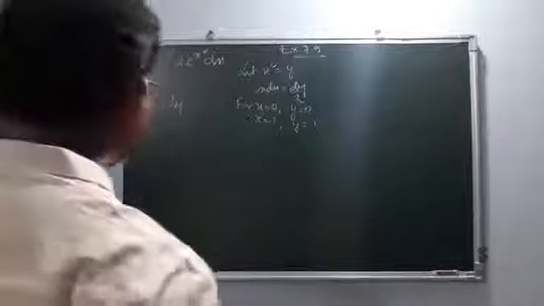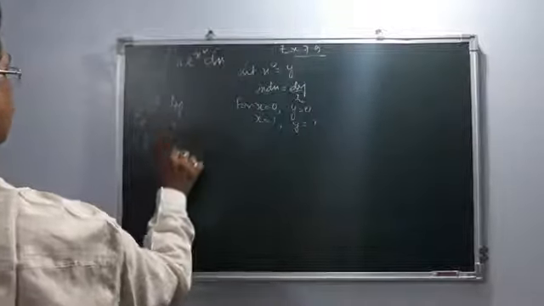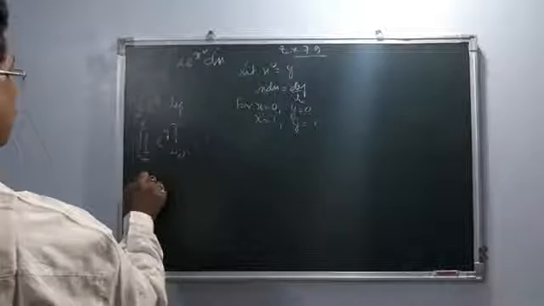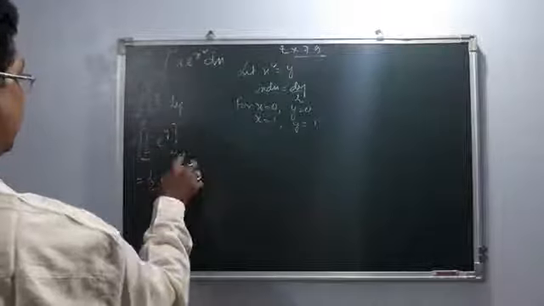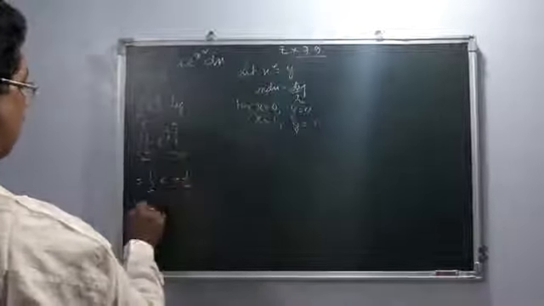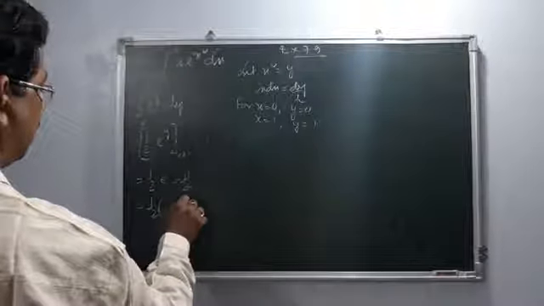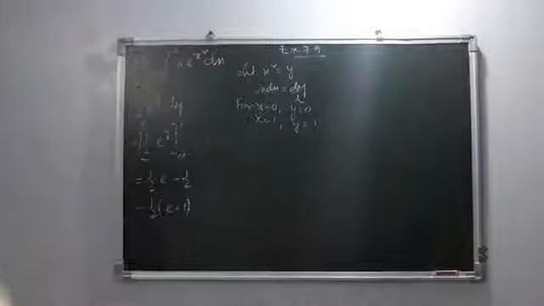The integration of e to the power y is again e to the power y. If we put 1, it is half e, and if we put 0, it is half only. So ultimately we get half of e minus 1 as your answer. So this is the answer of question number 15. Now 16.